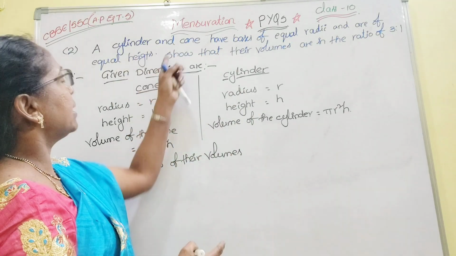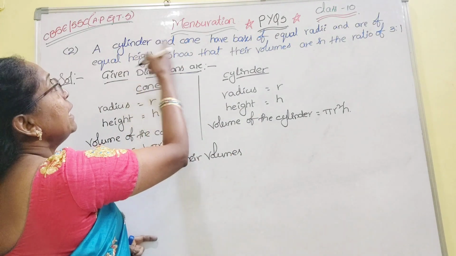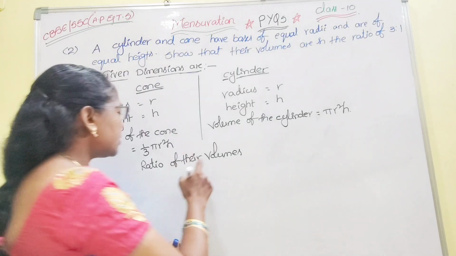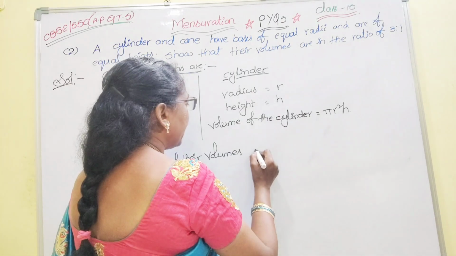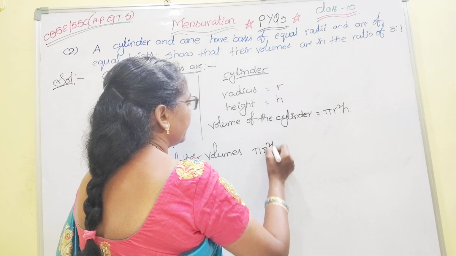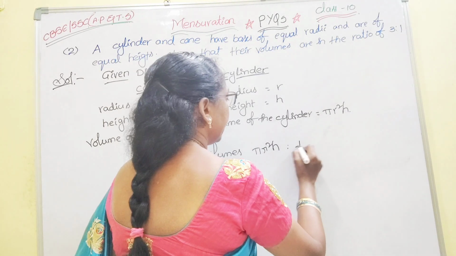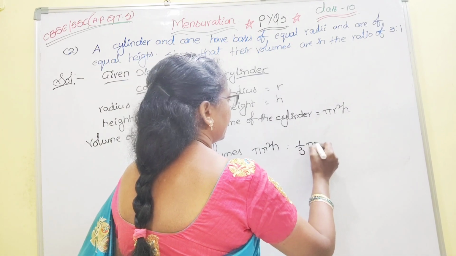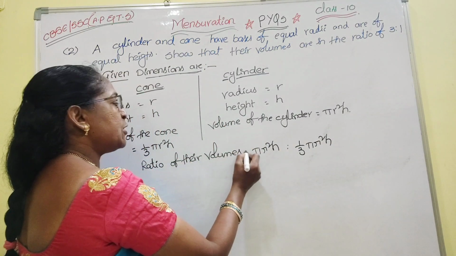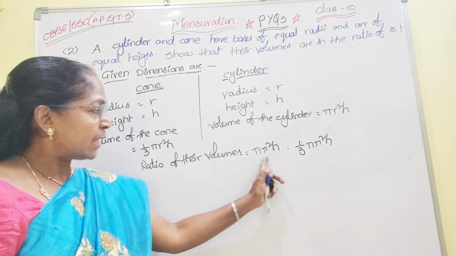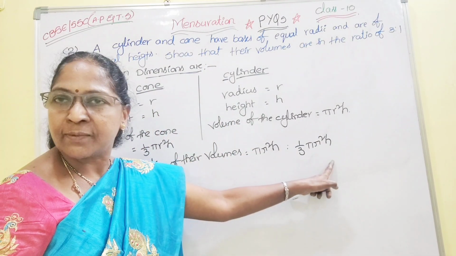Whatever the order is given, you have to write down. Cylinder and cone order is given. So volume of the cylinder is pi r square h, and volume of the cone is 1/3 pi r square h. So ratio of their volumes equals pi r square h is to 1/3 pi r square h.